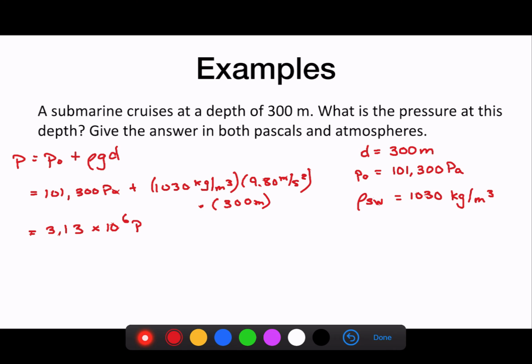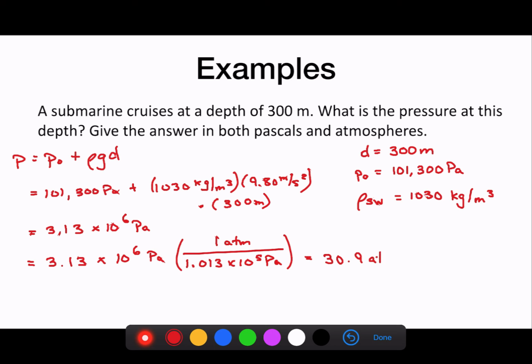Now again, we convert this to atmospheres, where 1 atmosphere is 1.013 times 10 to the 5 pascals. And that results in 30.9 atmospheres. So as you can see, water has a significant force to it, which means very high pressures at large depths.